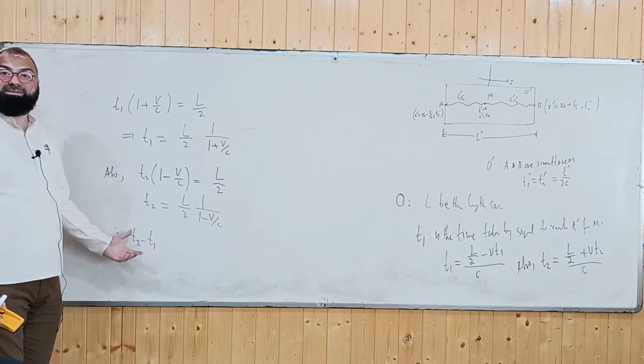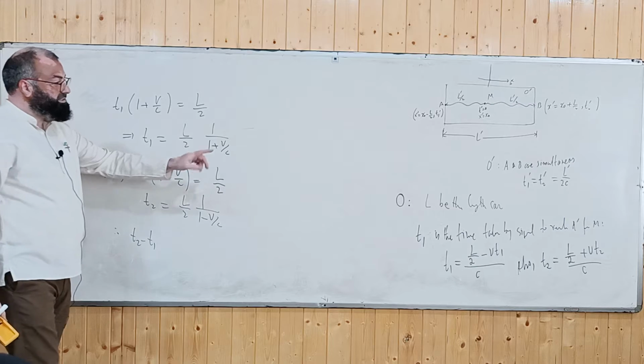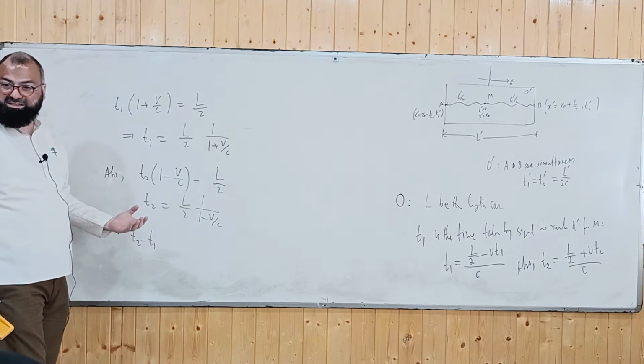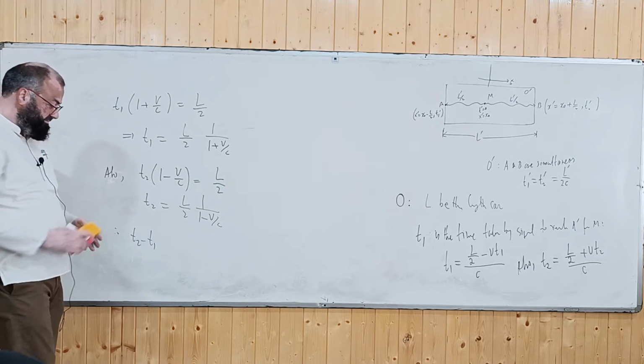If this time difference turns out to be 0, that means it takes the same time to reach both ends. If it's non-zero, then it does not take the same amount of time. It means they are non-simultaneous.